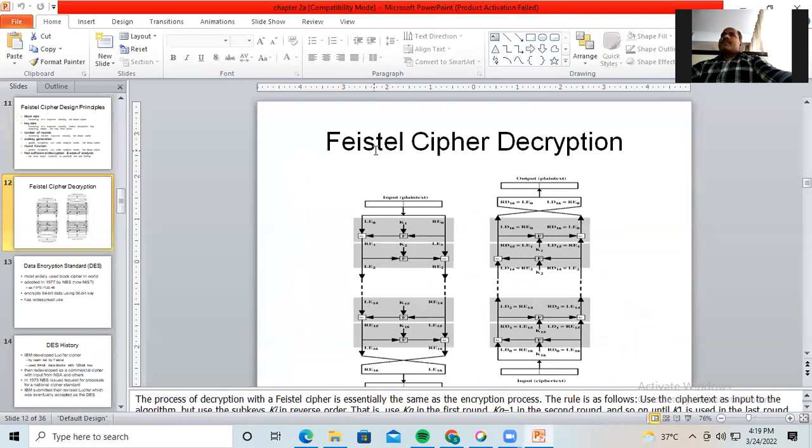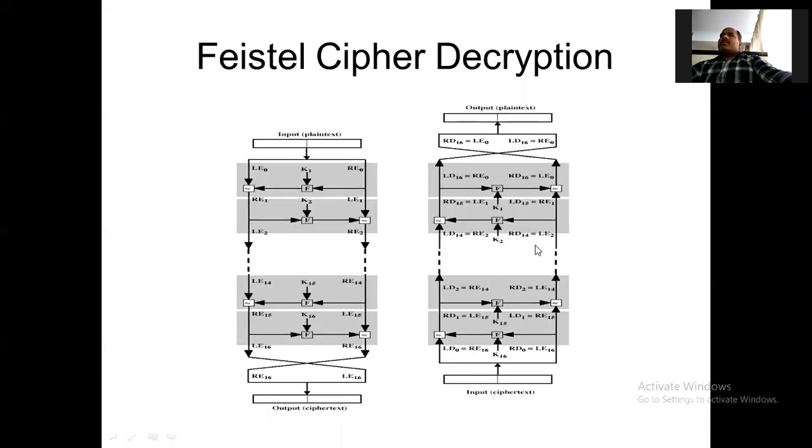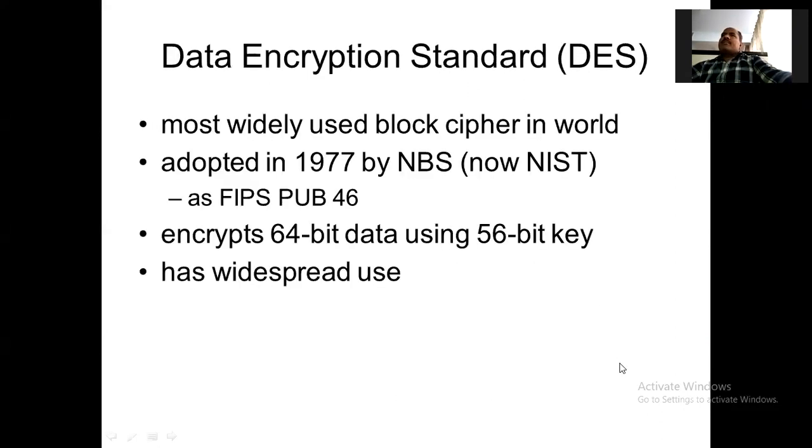So this is the Feistel cipher, and how the encryption and the decryption are going to execute. The previous diagram I showed you is the same diagram.